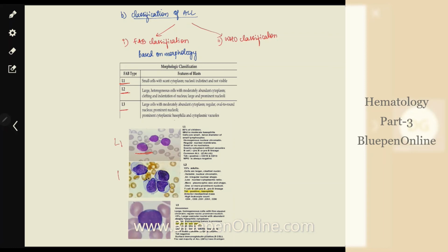L2 are large heterogeneous cells with moderately abundant cytoplasm and sometimes clefting and indentation of the nucleus, large prominent nucleoli. L3, these are large cells with moderately abundant cytoplasm, regular oval to round nucleus, prominent nucleoli, prominent cytoplasmic basophilia and cytoplasmic vacuoles.